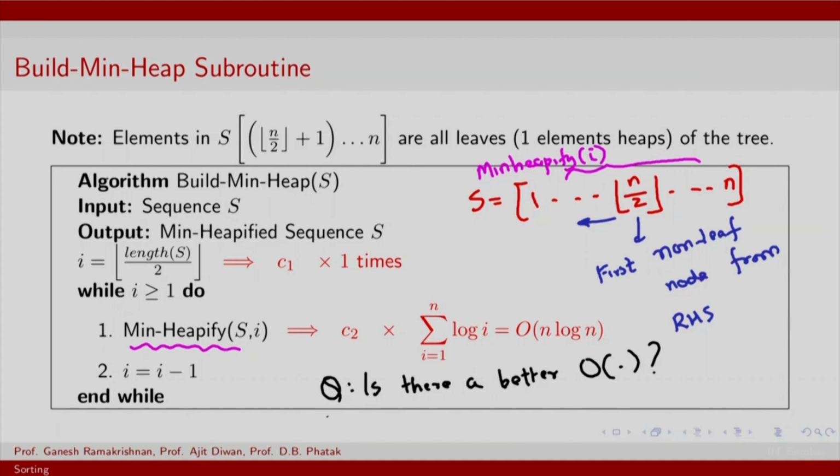The answer is that log I being upper bounded by log n is too loose. We could actually tighten it, and we do it as follows. We change the summation from summation over the nodes I equals 1 to n to summation over height.